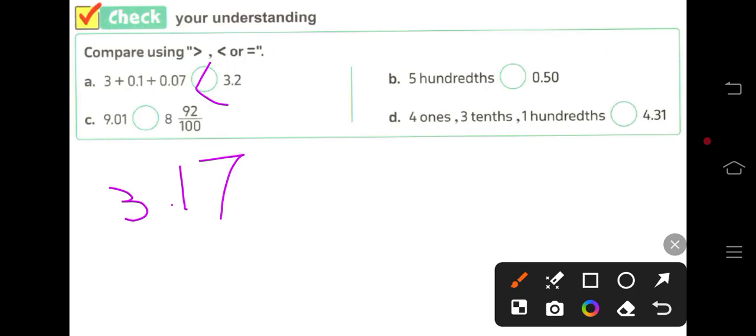So you have to convert the number to standard form, or if you have a fraction, you have to convert the fraction to decimal form.